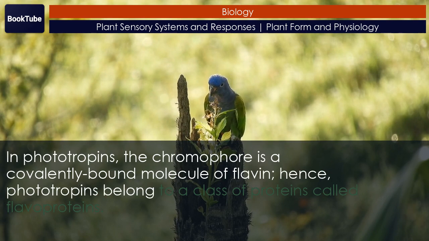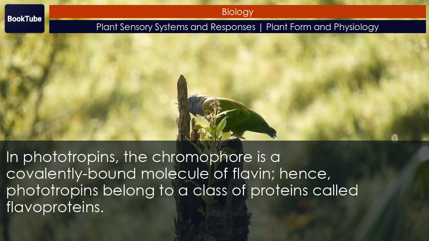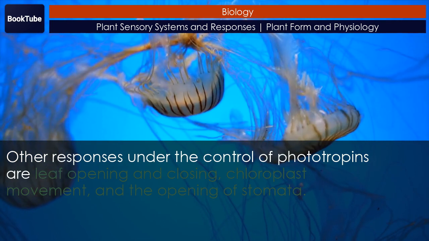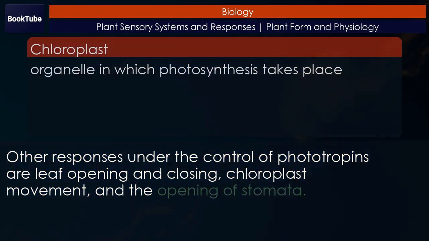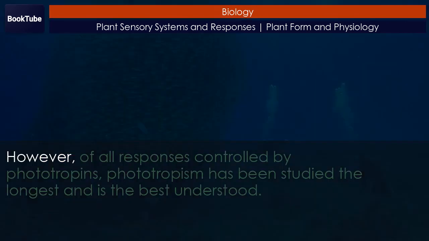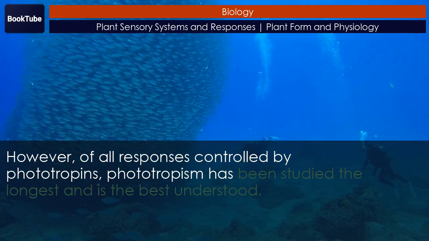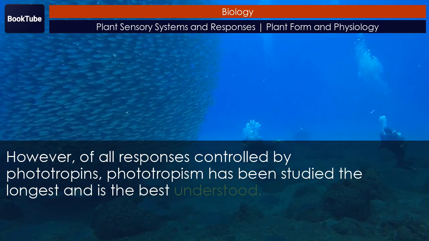Hence, phototropins belong to a class of proteins called flavoproteins. Other responses under the control of phototropins are leaf opening and closing, chloroplast movement, and the opening of stomata. However, of all responses controlled by phototropins, phototropism has been studied the longest and is the best understood.